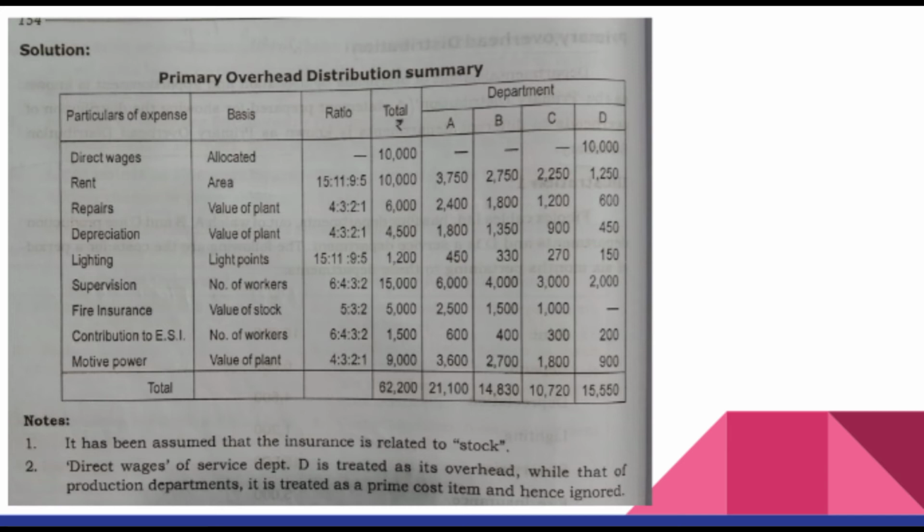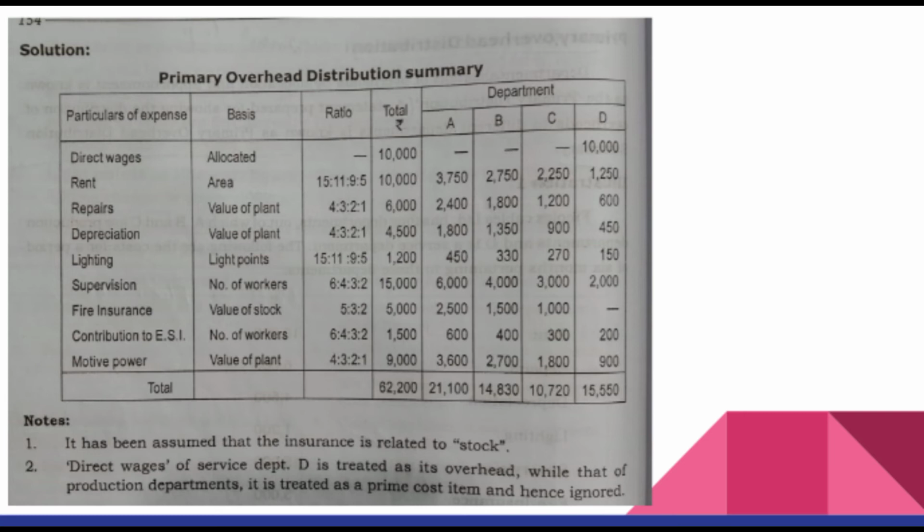Here we can see the first item, direct wages. Direct wages of service department D is treated as its overhead. That means the service department provides services to production departments, while for production departments, direct wages are treated as a prime cost item or direct item and hence ignored.